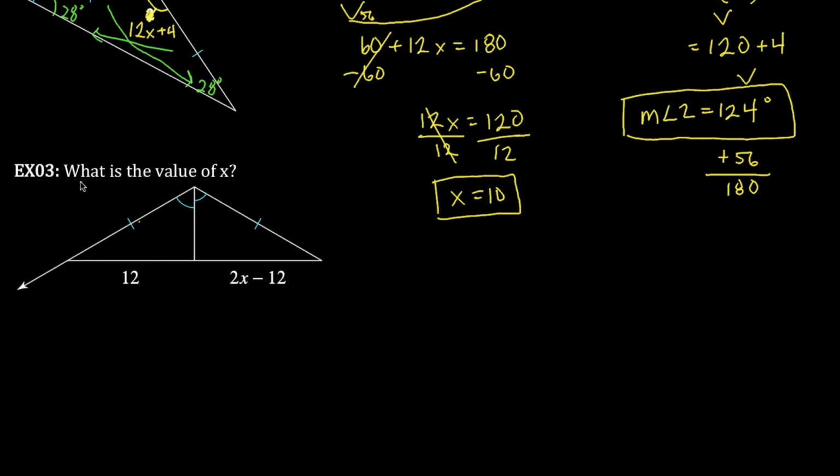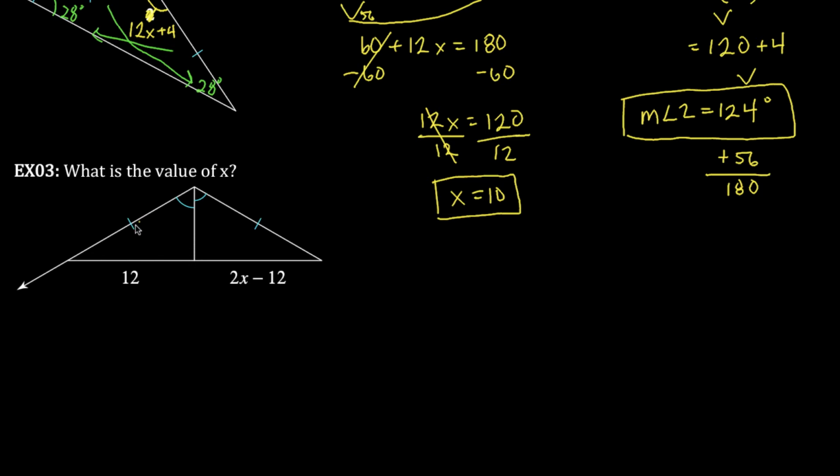One more example. This example reads, what is the value of x? Let's look at the given information. This side is congruent to this side, and this angle is congruent to this angle. This side is 12, and this side length is 12x minus 12.